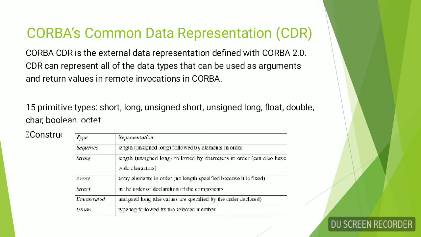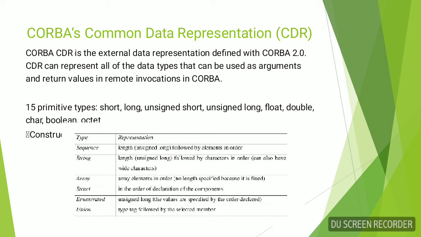So we discuss further about CORBA's common data representation. CORBA CDR is the external data representation defined with CORBA 2.0. CDR can represent all of the data types that can be used as arguments and return values in remote invocations in CORBA.